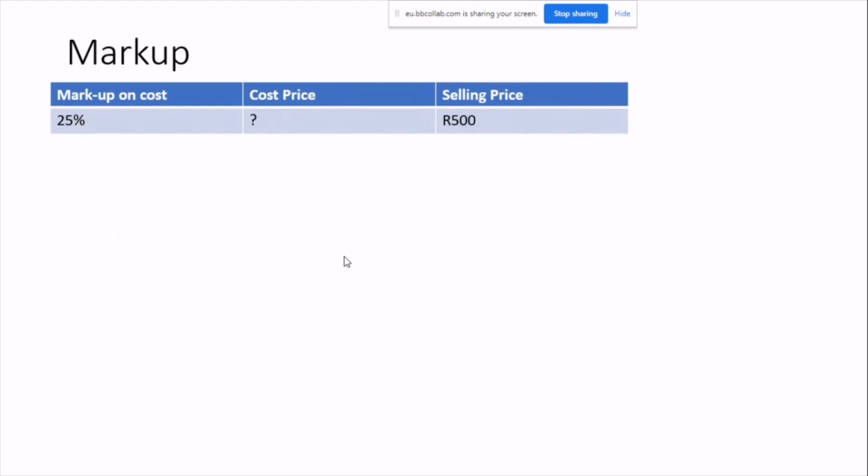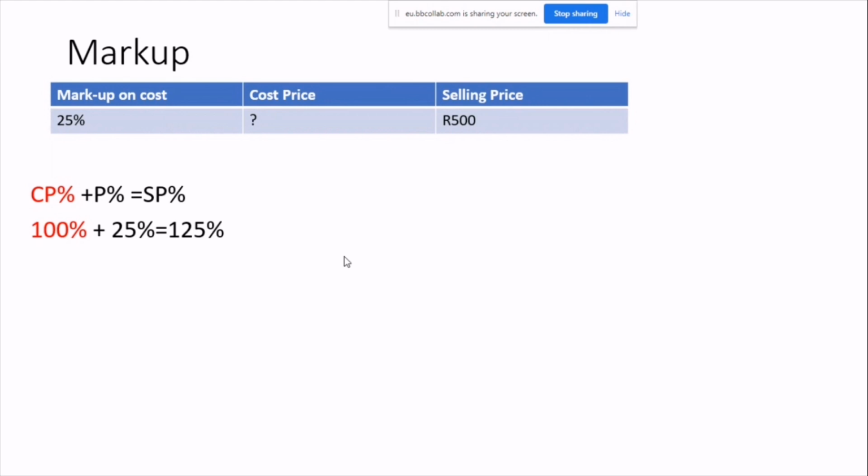A different scenario. Now we have markup on cost at 25%. Our required is to calculate the cost price, and we are given the selling price. Still the formula, guys, CP plus P equals SP. We are still at markup on cost. Remember, if it's markup on cost, it means our cost price is 100%, plus the markup given in this activity, which is 25%, which is the profit.